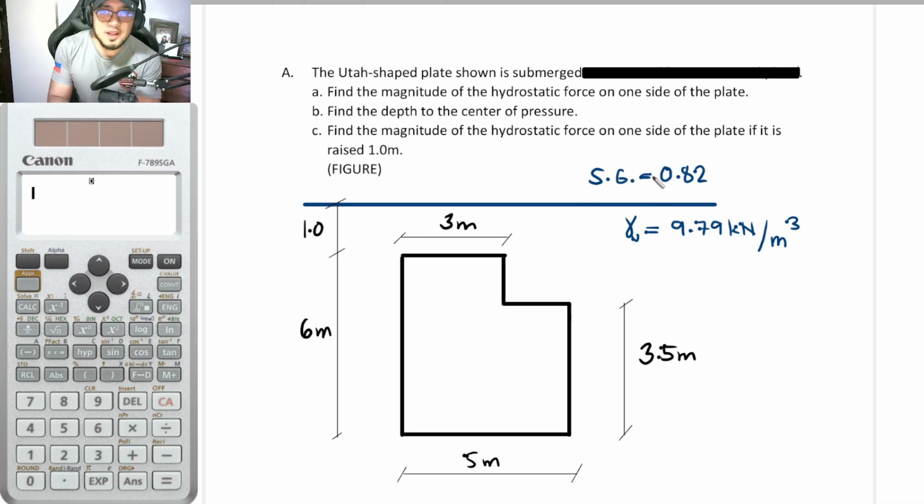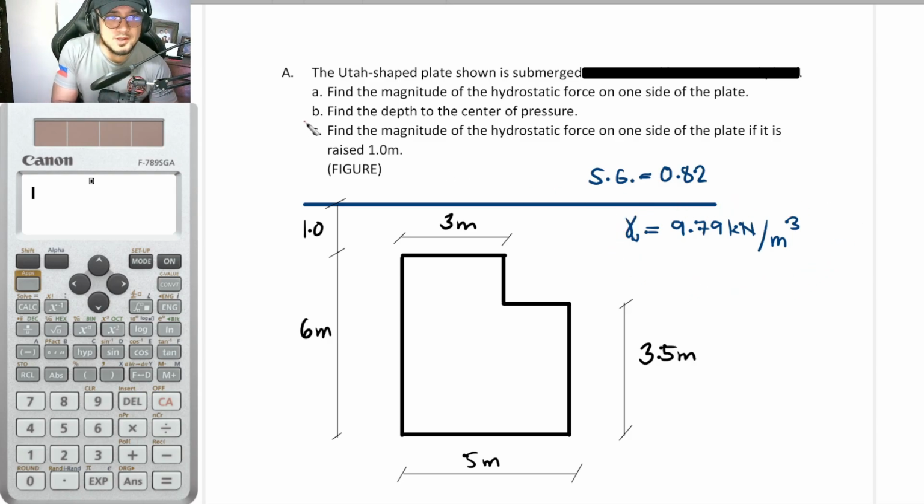So instead of water, it is now oil, where the specific gravity of this particular oil is 0.82, and let's say that for this specific gravity, its reference unit weight of water is not 9.81. Instead, it is 9.79. So if it is given in the problem that the unit weight of the base water is 9.79, of course, we would now be making use of this and not the traditional 9.81.